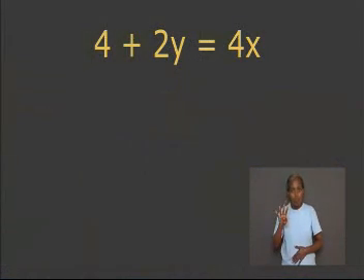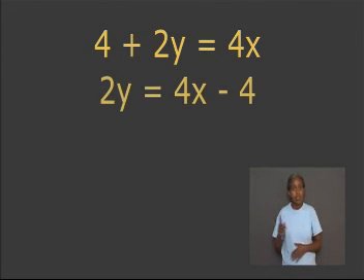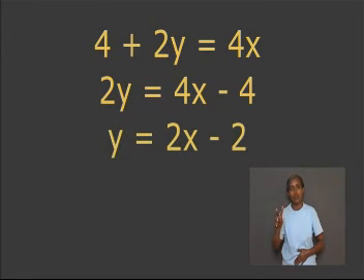2y + 4 = 4x becomes 2y = 4x - 4. We can simplify this by dividing everything by 2. y = 2x - 2.